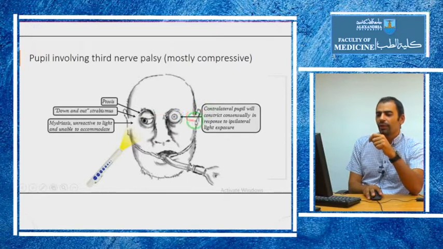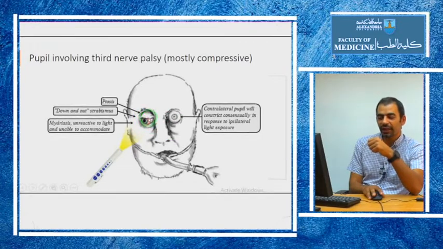The normal, healthy eye can constrict both directly, so if you put the light on the normal eye, it will constrict. And even if you put the light on the affected eye, the normal eye will constrict, because the afferent pathway is intact here. The problem is with the efferent pathway.